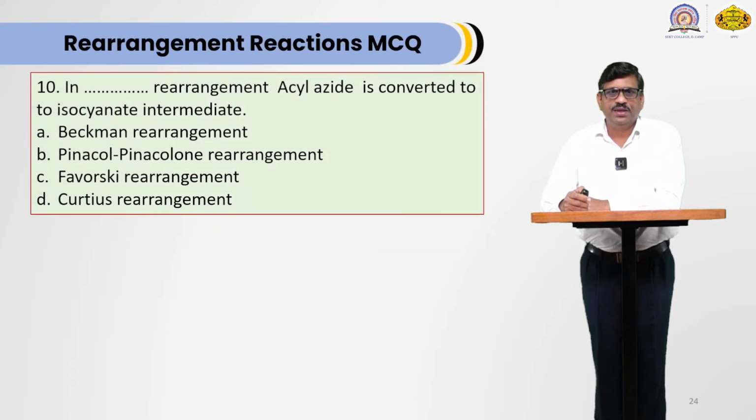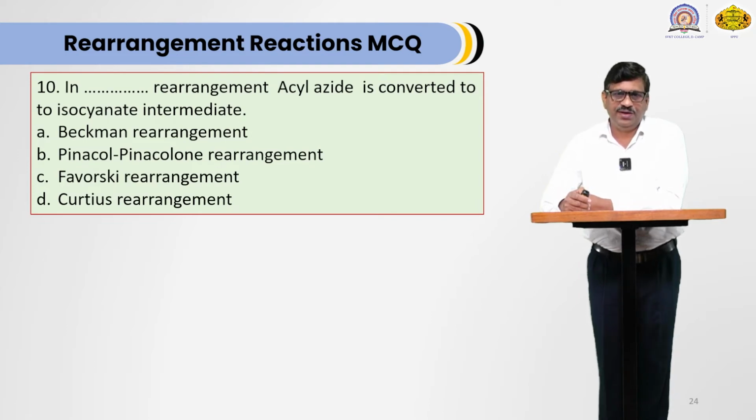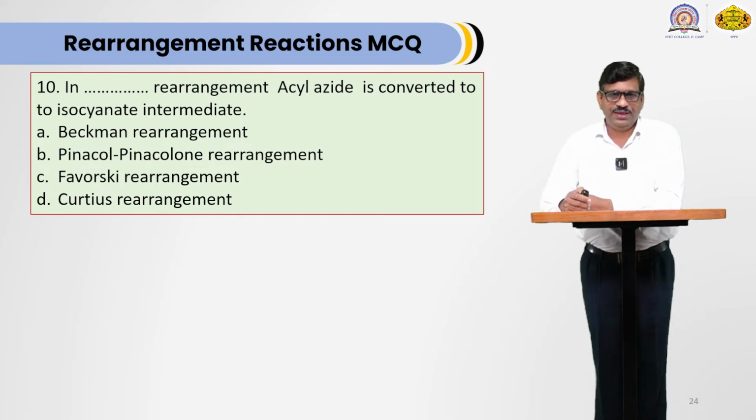Question number 10. In dash rearrangement, acyl azide is converted to isocyanate intermediate. Means in which reaction is acyl azide the starting compound? Options: Beckmann rearrangement, pinacol rearrangement, Favorskii rearrangement, Curtius rearrangement.